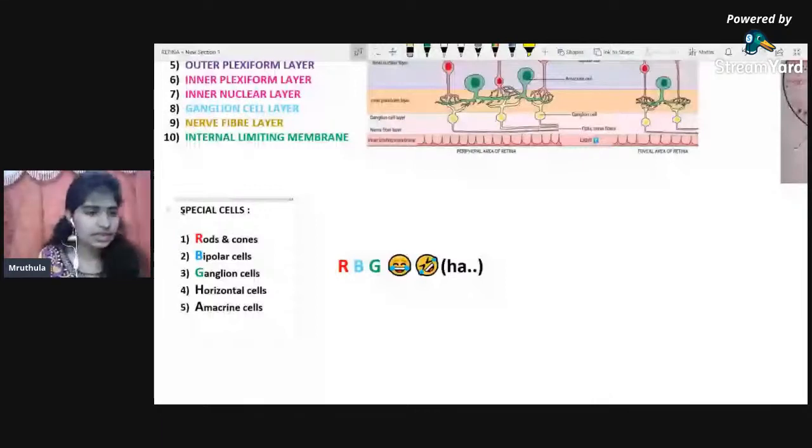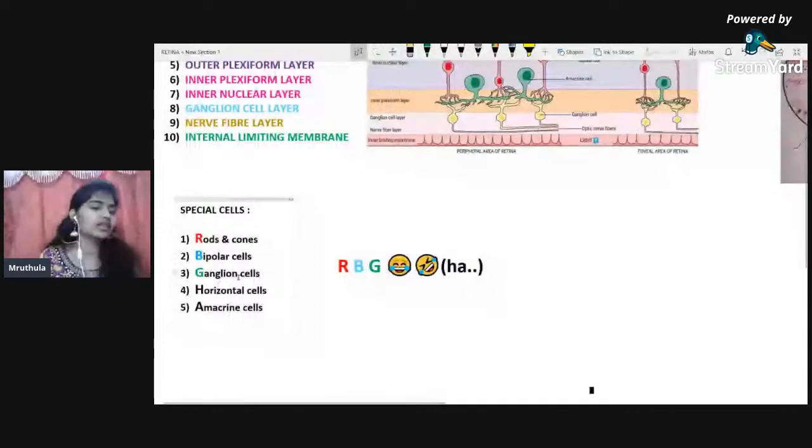Second, we have bipolar cells. Bipolar cells have synapses on both ends of the nucleus. A neuron has a cyton and an axon, so you can imagine if the cyton has two axons on two opposite ends, we call it a bipolar cell.